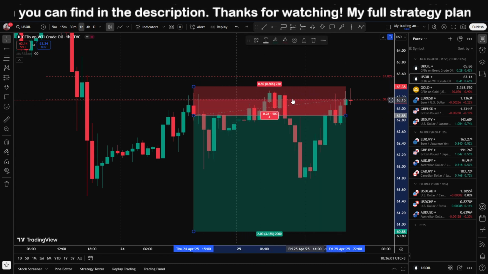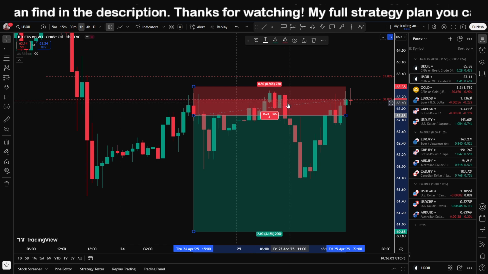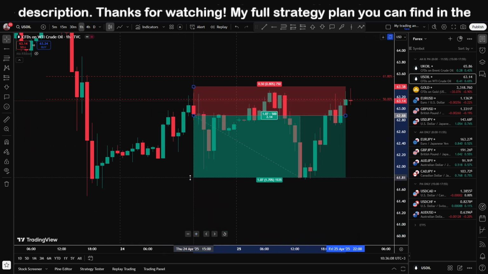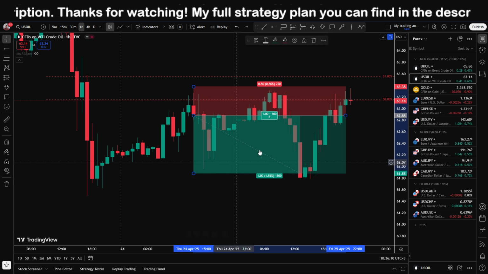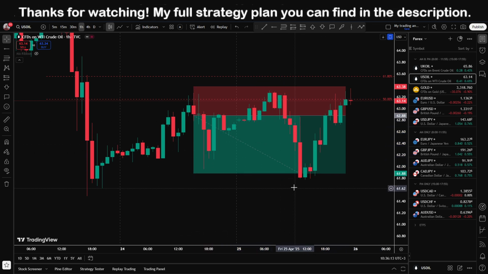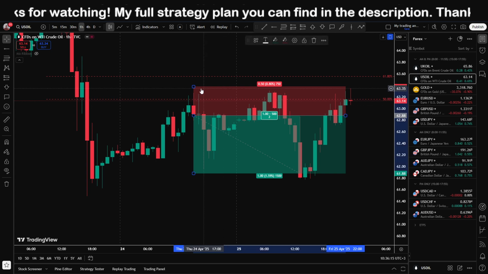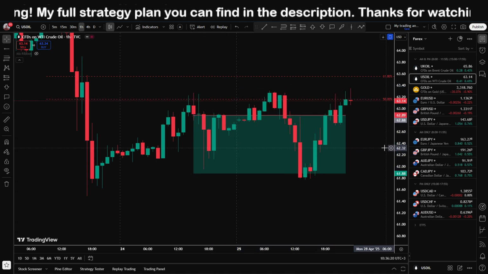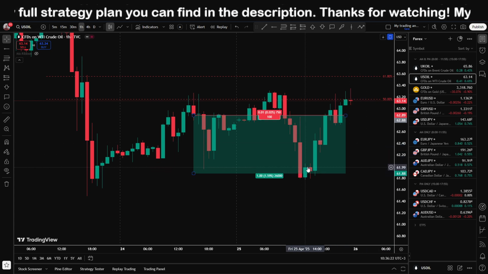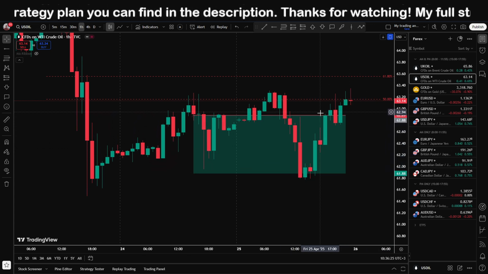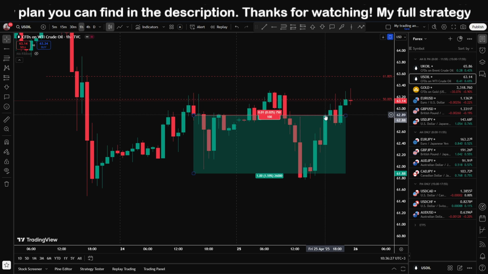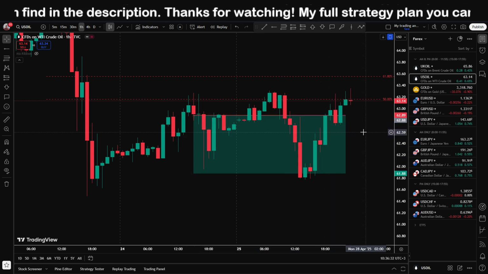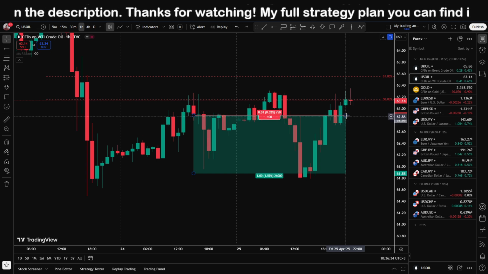Then on Friday it goes in my direction, reaching our profit. At that moment, I move the stop loss to break even, and then you see how the price reaches this break-even point, and I exit this trade at break-even, no loss, no win.